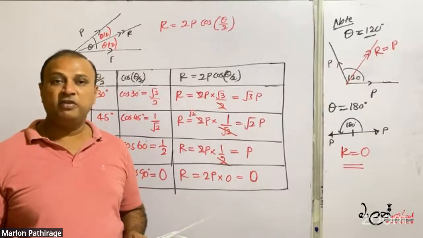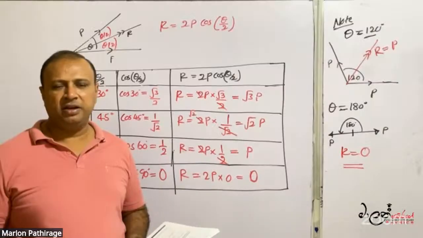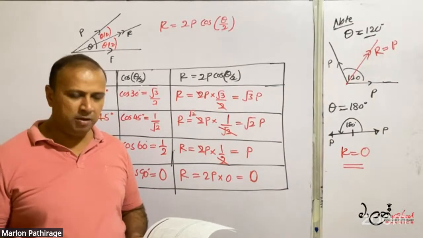Question number 2: two forces acting on a point have magnitudes of 8 Newton and 6 Newton perpendicular to each other. That is not relevant to this theory part, but perpendicular means theta is equal to 90.